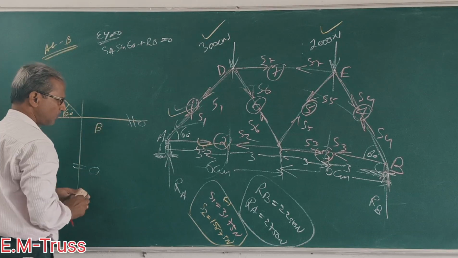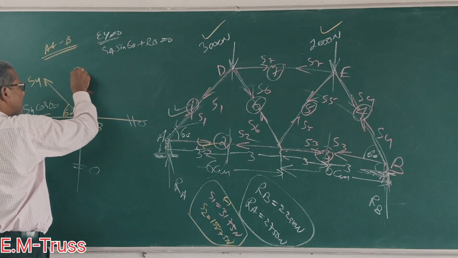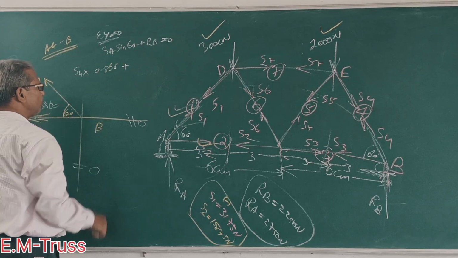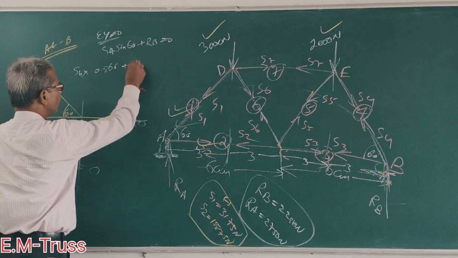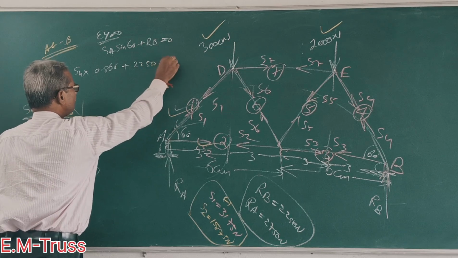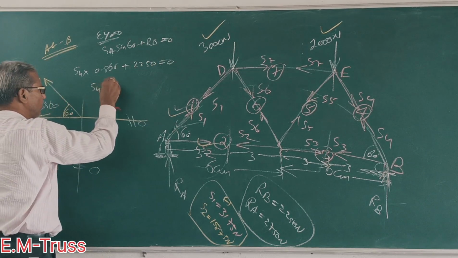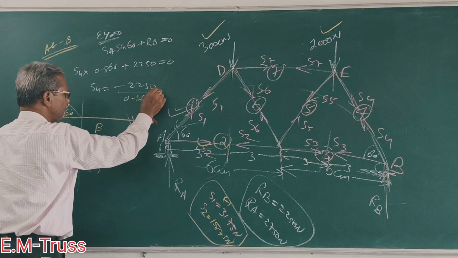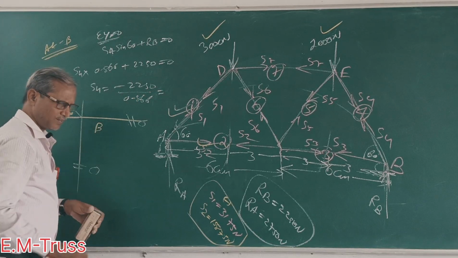S4 into sin 60, which is 0.866. What is RB? 2250. It is 0. What is S4 equal to? Minus 2250 by 0.866. Clear?